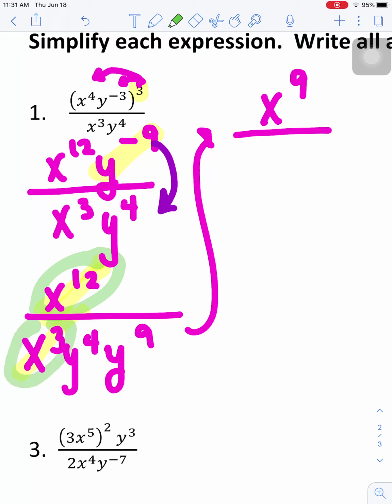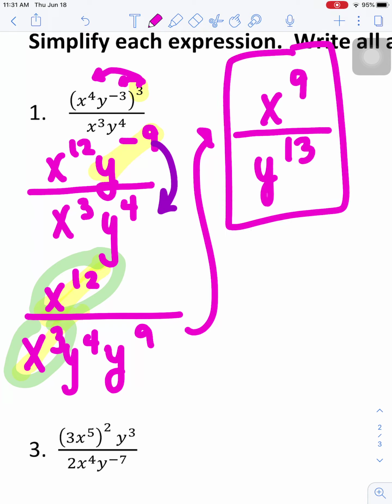So it was top heavy, so it's going to stay on the top. Now, in your denominator, you have y to the fourth times y to the ninth. That's on the same level, so you'll just use your multiplication rule and you'll keep your variable of y and you're going to add those exponents. So you get a y to the 13th. So you get x to the 9th over y to the 13th.